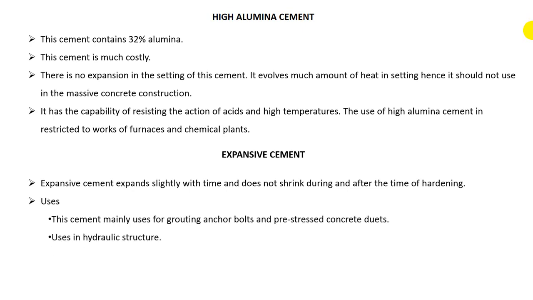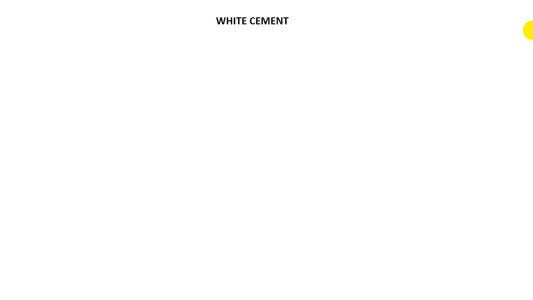Then the use of this cement is mainly for grouting, anchor bolts and pre-stressed concrete. It is also used in hydraulic structures. For hydraulic structures, expansive cement can be used.